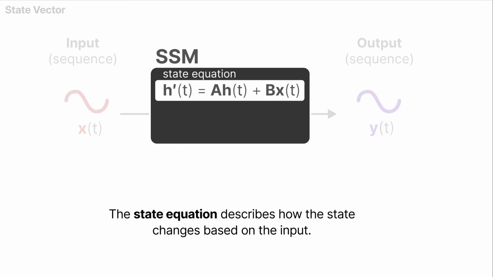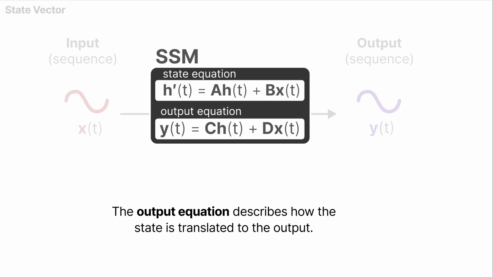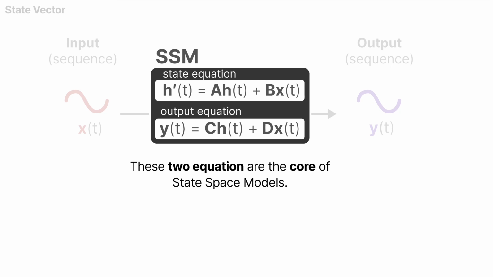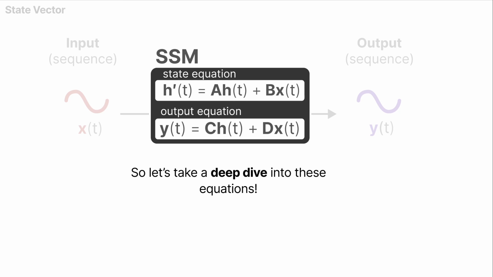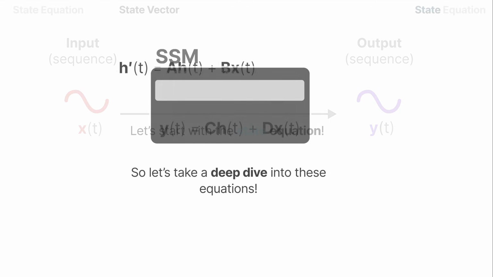The state equation describes how the state changes based on the input, and the output equation describes how the state is translated to the output. These two equations are the core of state space models. So let's take a deep dive into these equations.